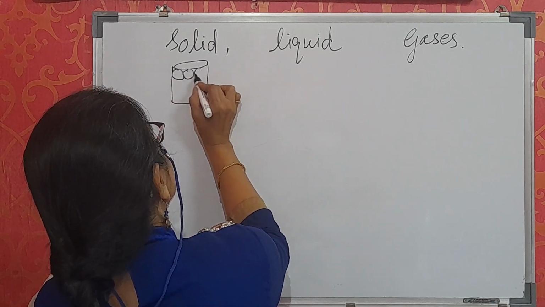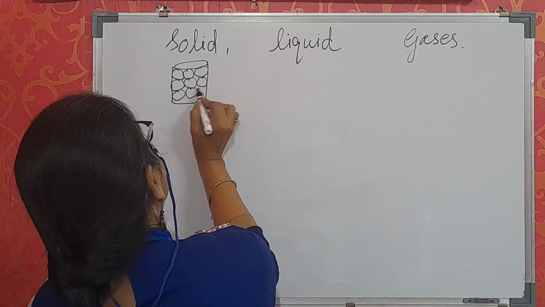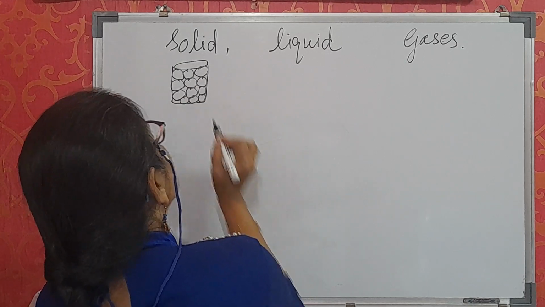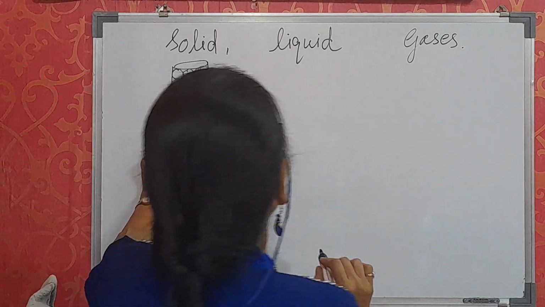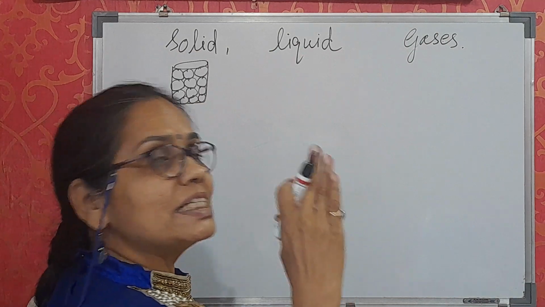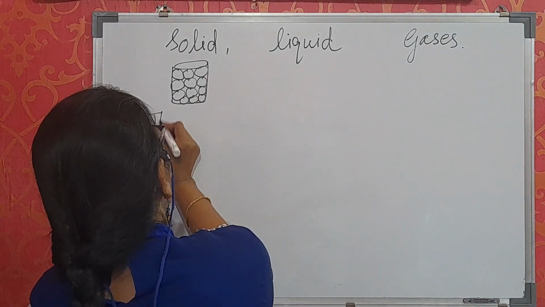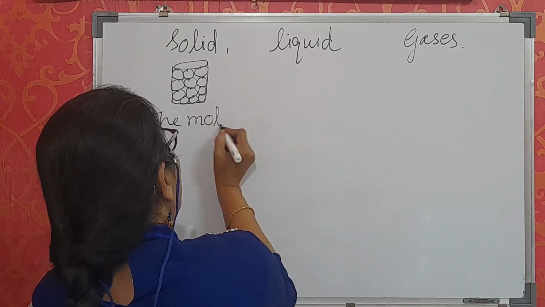This is considered as molecules. Now see how they are arranged. They are arranged densely. That means their molecules are tightly packed. So they have a proper shape. Solids have a proper shape because the molecules are tightly packed.